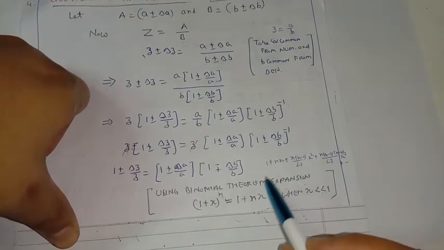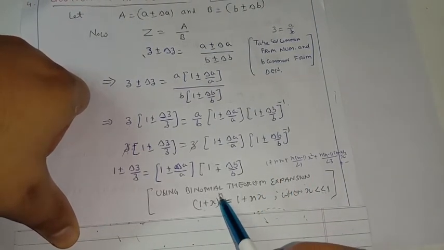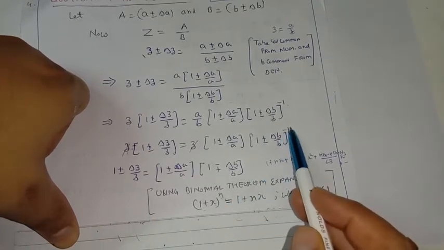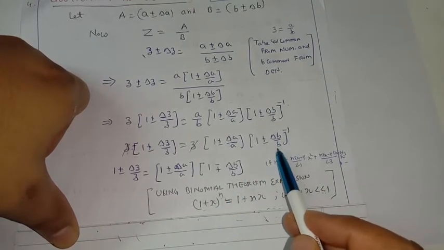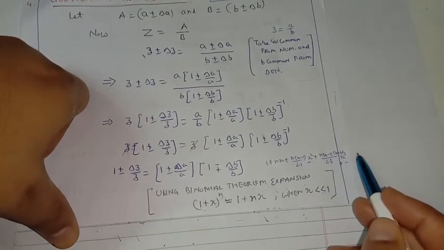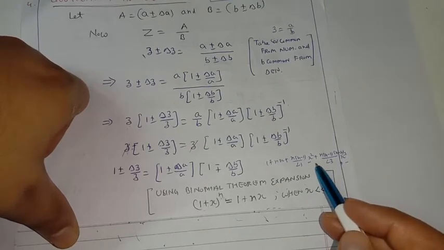But here if we compare 1 plus x raised to power n with 1 plus minus delta b over b, n is minus 1 and x is plus minus delta b over b, because delta b over b is a very small term. So when we take the square, cube or fourth power, all the terms get very small.